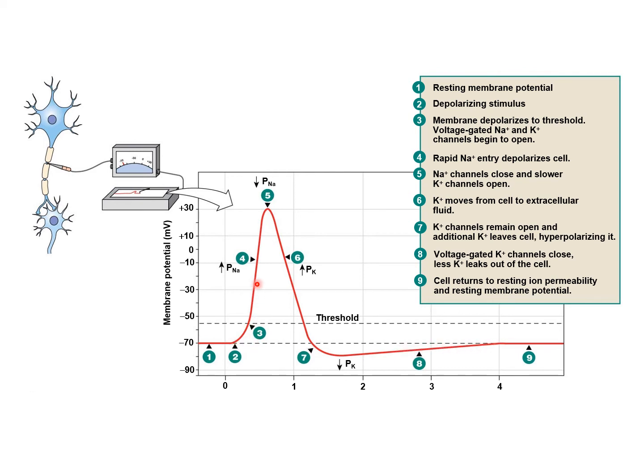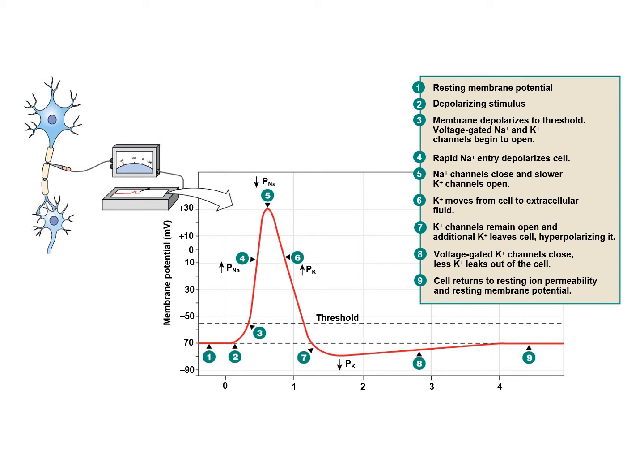So we open the activation gate, we close the inactivation gate, we open the potassium, we close the potassium, and then we recover from this deviation back to resting membrane potential. So rising phase, falling phase, undershoot, and recovery to resting membrane potential.